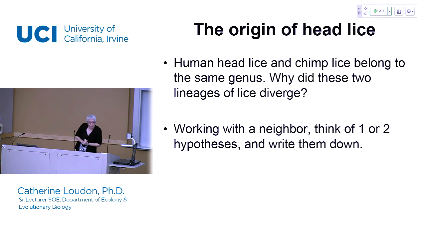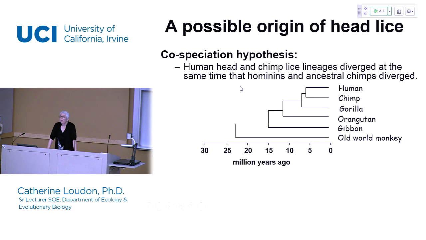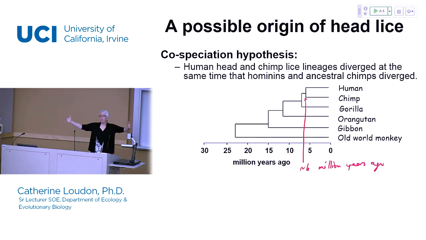We're running out of time here, so normally I would have you work with a neighbor and consider hypotheses, but I'm just going to charge forward, because I want to do this as a clicker question in just a second. You might consider, for example, that there was some co-speciation going on, such that when humans and chimps diverged about 6 million years ago, this was also a time when lice on human heads diverged from chimp lice.